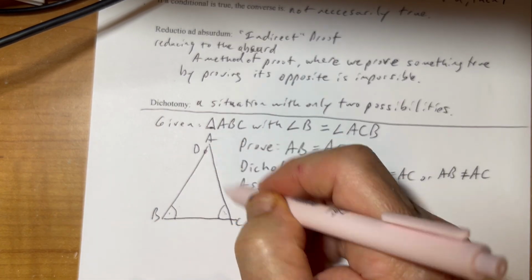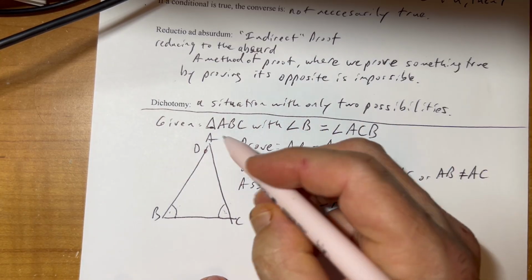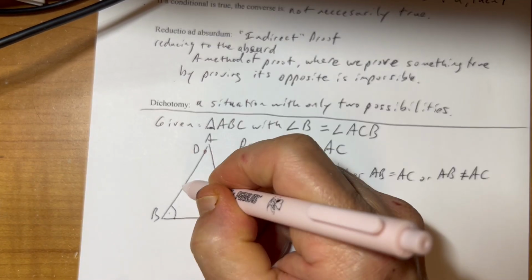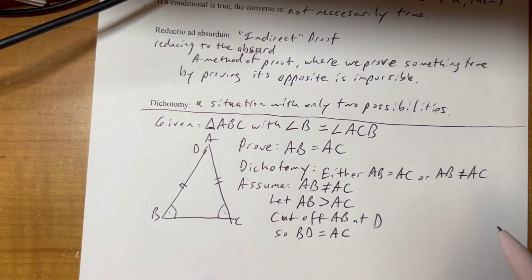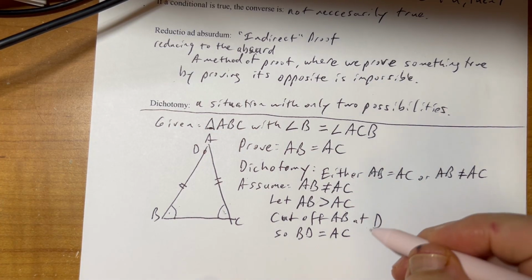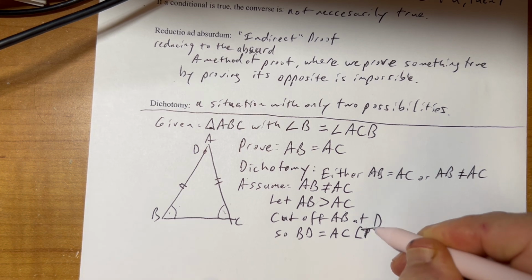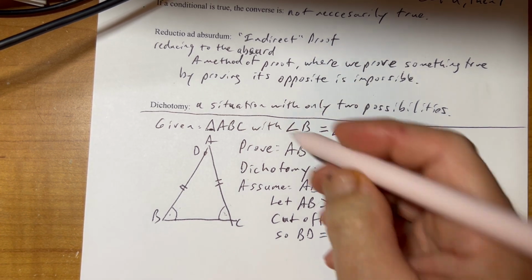And so if AB and AC are not equal, then we're going to say AB is bigger, and we're going to cut it off and make it equal to AC. So now we know that AC and BD are equal to each other. All right? And of course, that makes this new point. And when Euclid makes a new point, oh, and by the way, we can do that because of theorem 3. Hooray. We used theorem 3.